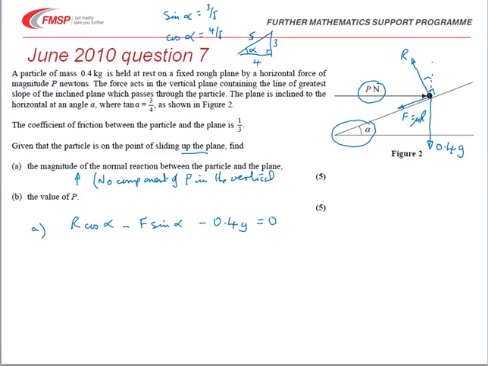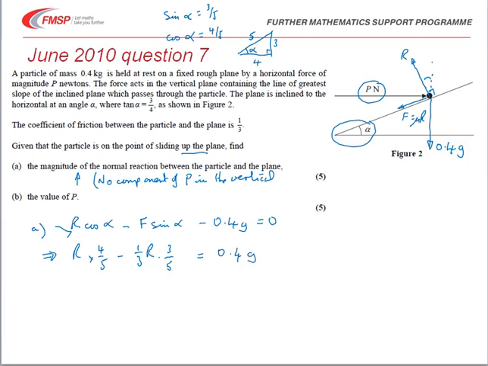Well, now we know that F is mu R, and we know that cos alpha is equal to 4/5 and sine alpha equal to 3/5. So this means that R multiplied by 4/5 minus F, which is 1/3 of R, multiplied by 3/5 is equal to 0.4 G.